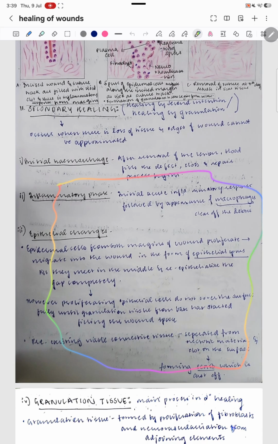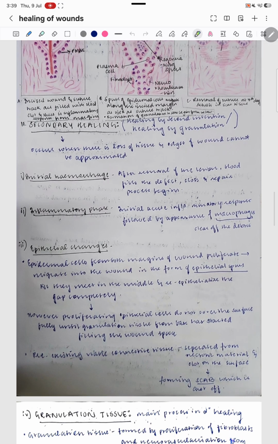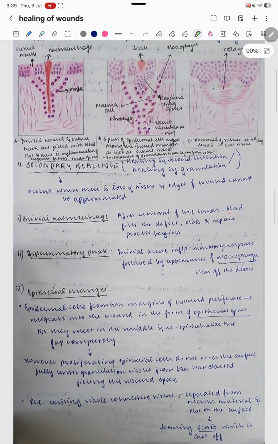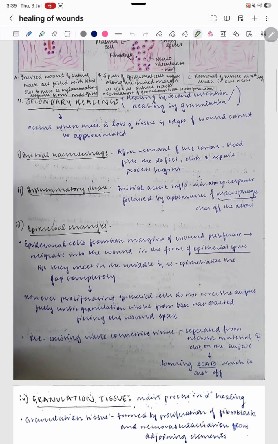So after the removal of the lesion, there is blood that is filling the defects. Basically we are removing the whole lesion and there is a whole space in which the blood fills the defects. Clots form and the repair process begins.